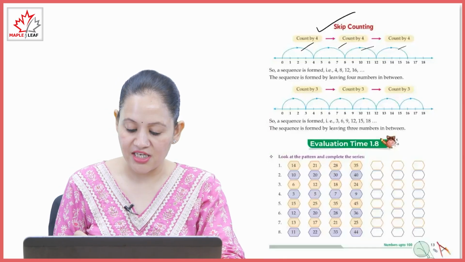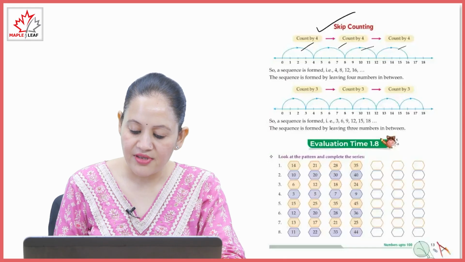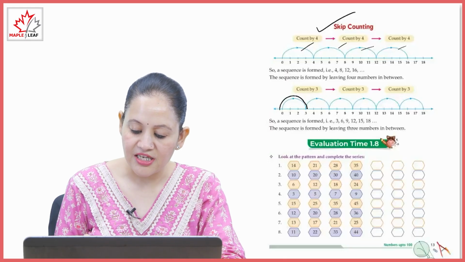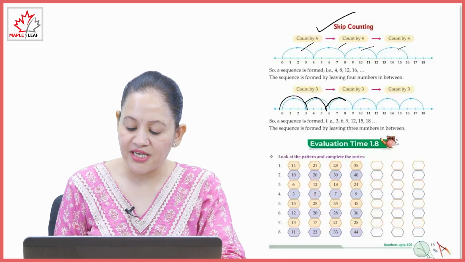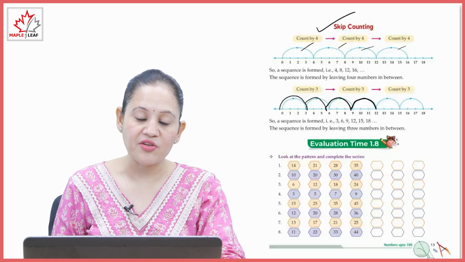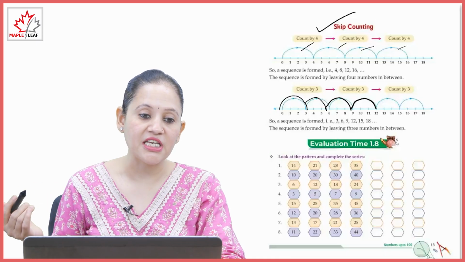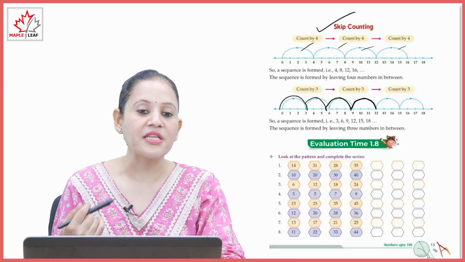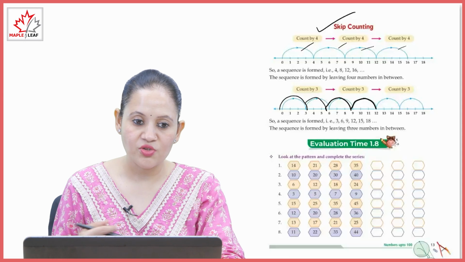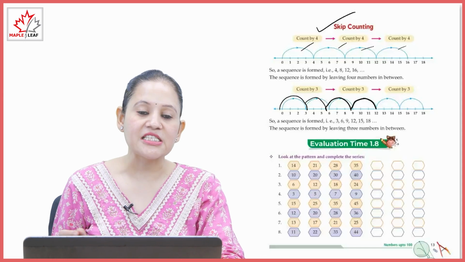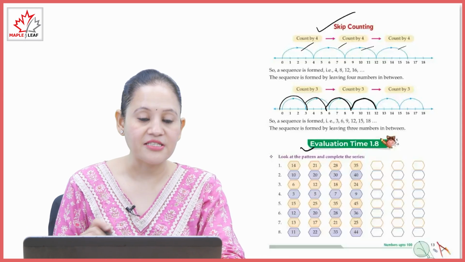Next is count by 3. अगर काउंट बाय 3 करेंगे तो हमने क्या किया, 0 से गए 3, then 4, 5 को skip किया 6, 7, 8 skip किया 9, 10, 11 skip किया 12. So again it forms a sequence 3, 6, 9, 12, 15, 18. This sequence is forming by leaving 2 numbers in between. So this is called the skip counting. Next is evolution time 1.8.